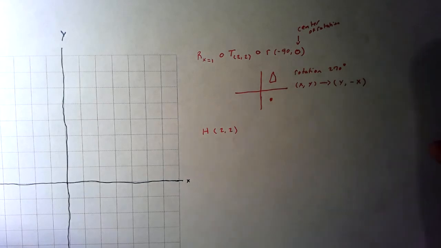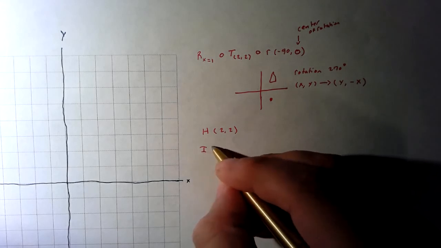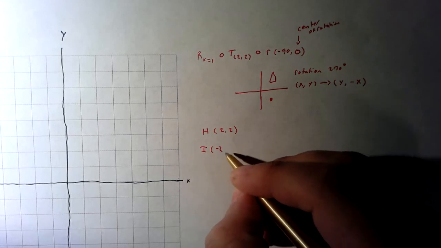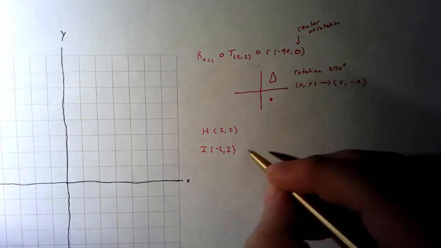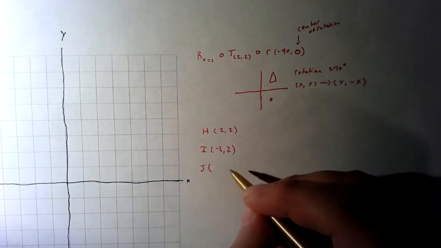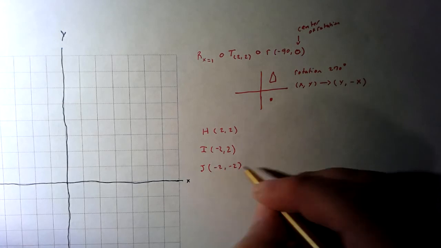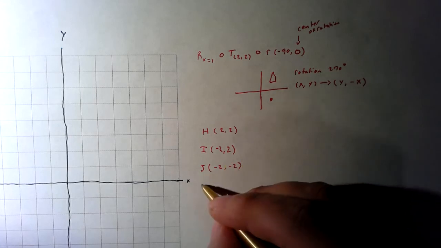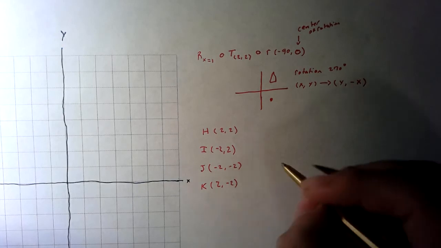The next one underneath is I, that's negative 2, 2. J is negative 2, negative 2. And K is 2, negative 2.